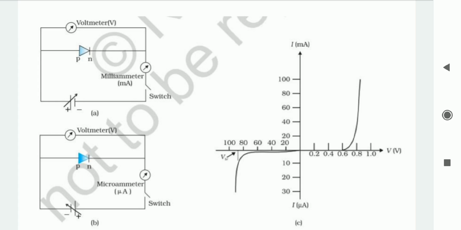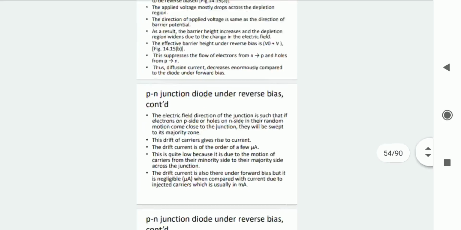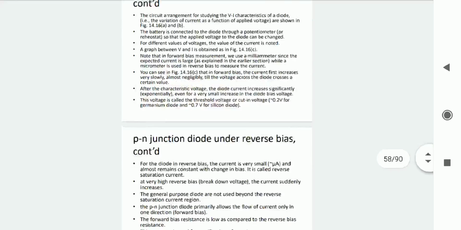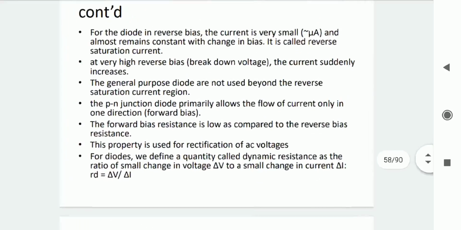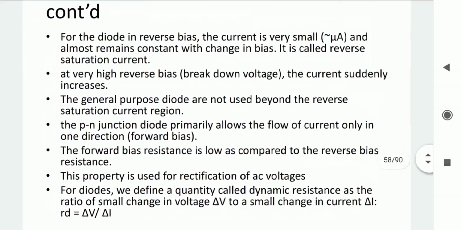You can see over here, RD, dynamic resistance, equals delta V by delta I. Let us go through an example regarding the same.